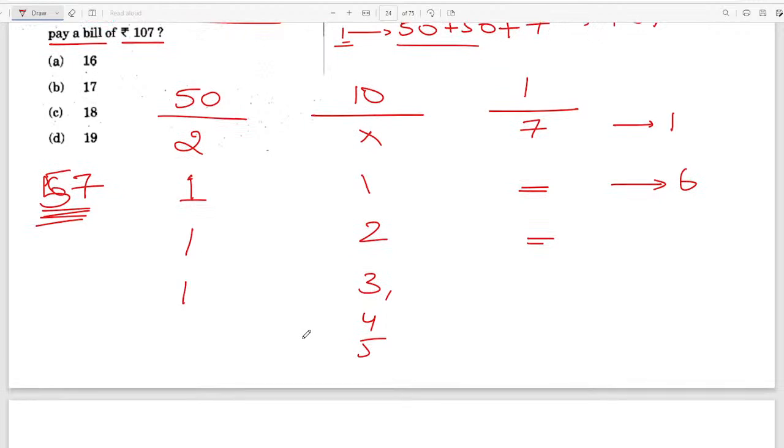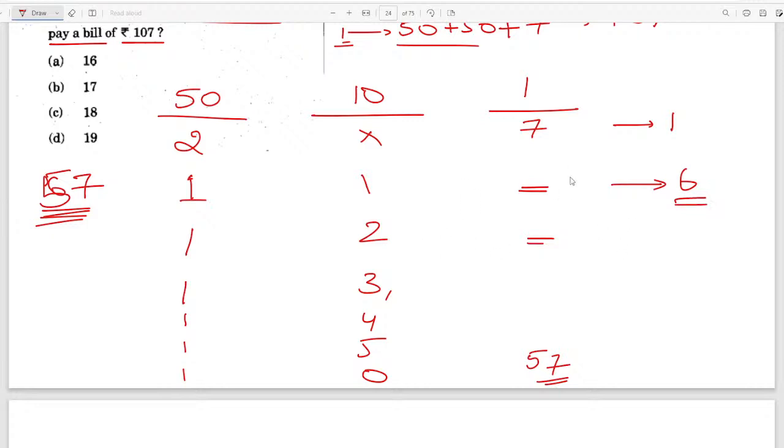And then 0. If you don't use any 10 rupee coin, then you pay 50 rupees from the one note here, and the other 57 rupees you pay using 1 rupee coins. So here there will be 57 coins. So totally there will be 1, 2, 3, 4, 5, 6 ways.